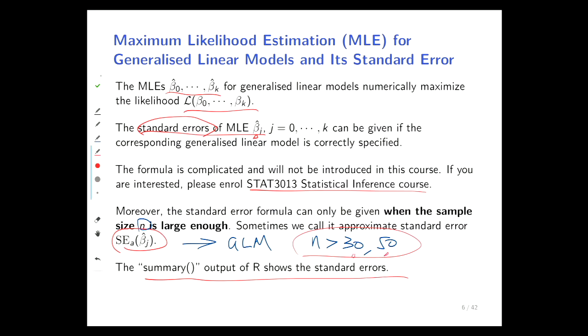So in this course, just consider 30 or 50. If n is smaller than 30 or 50, I'm going to talk about the bootstrap method to solve this problem. So if n is smaller than 30, maybe we need to consider the bootstrap method.